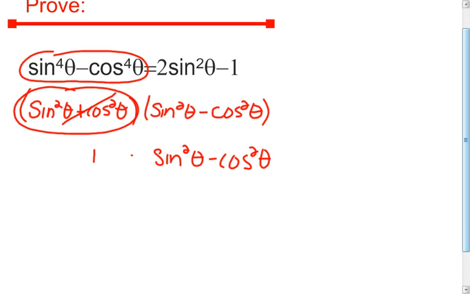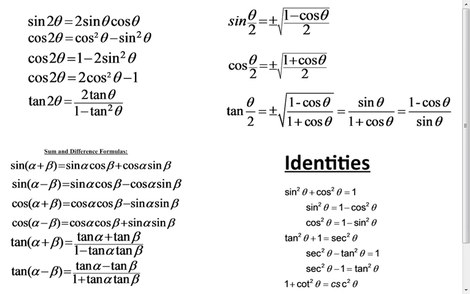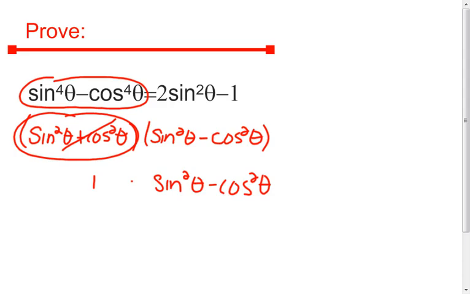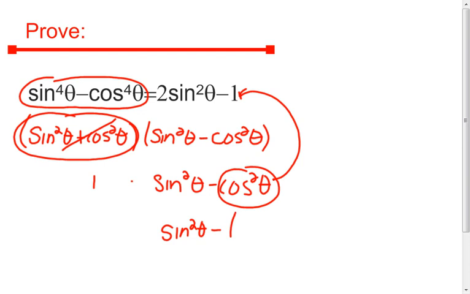Sine squared theta minus cosine squared theta. If you go to your formulas now, let's see, sine squared theta, is it cosine squared theta minus sine squared theta? No, sine squared theta minus cosine squared theta. If I look at where I'm at and where I need to be, I'll notice that I have to have all sines in the end, but I've got this oddball cosine right here. So what I'm going to do is replace that with its identity.